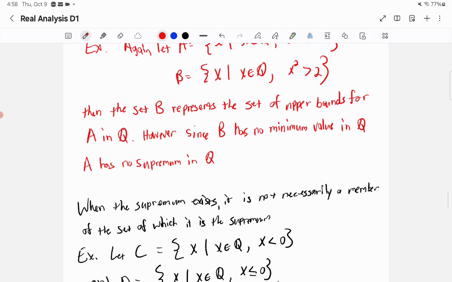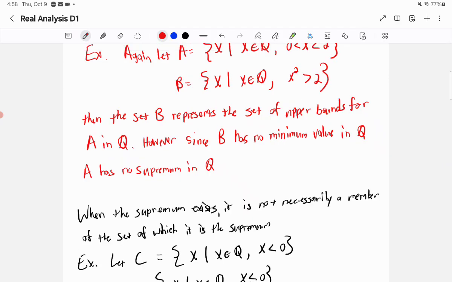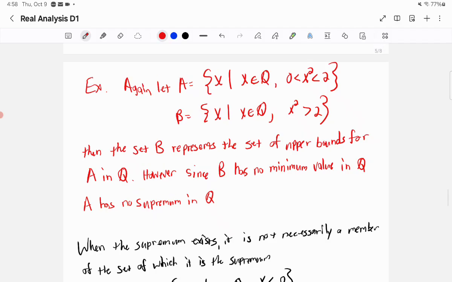Then the set B represents the set of upper bounds for A in the rational numbers. So B is the set of all numbers that are upper bounds for A, right? Because A has square less than 2, and B has square greater than 2.